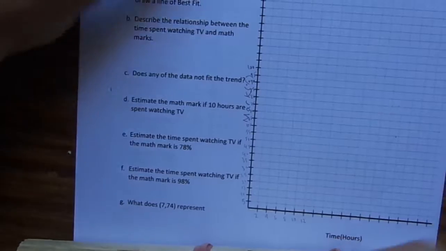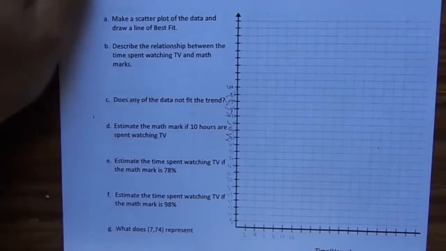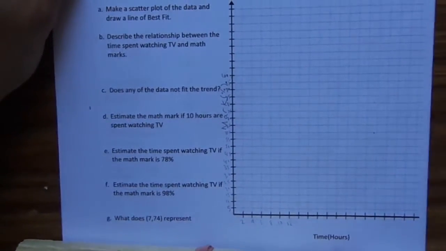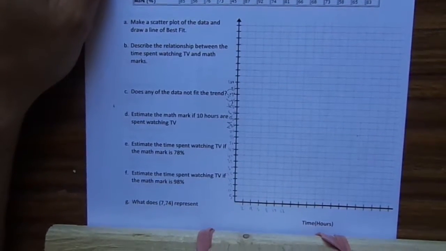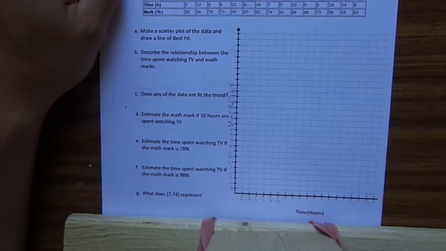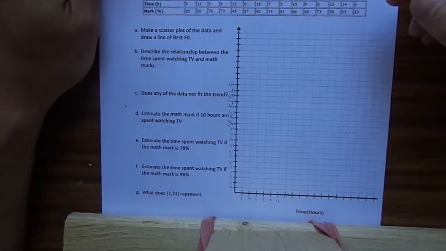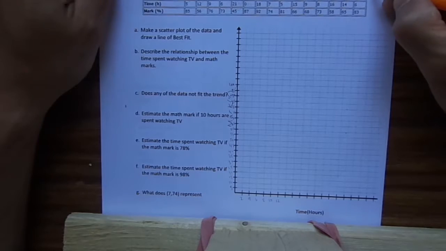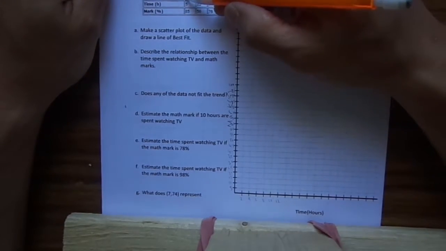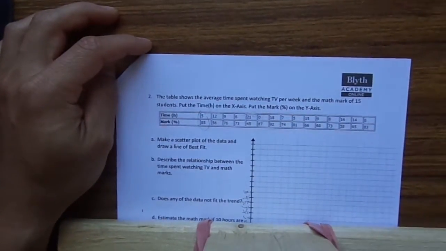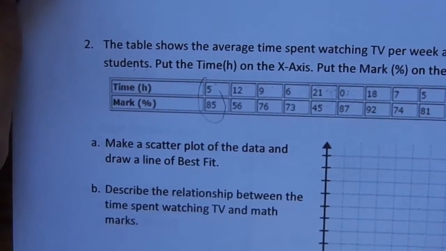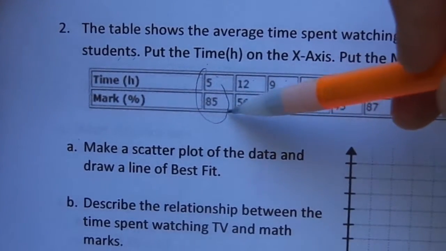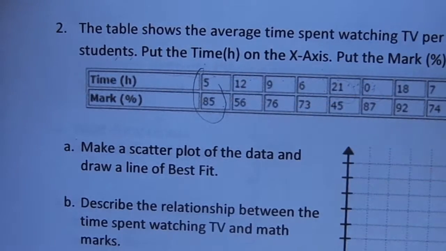Now, to plot a scatter plot, we always start with the x's, okay? Think about the alphabet. X always comes before y, okay? So all these represent coordinates. So if someone spent 5 hours watching TV, their mark would be about 85%. 5 hours, I believe this is a week.